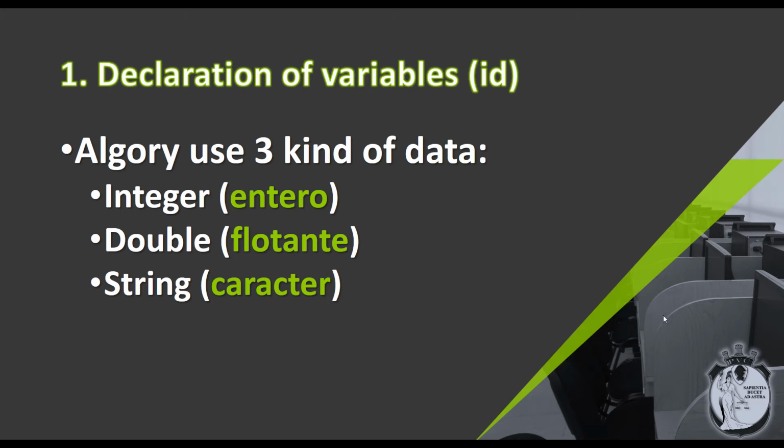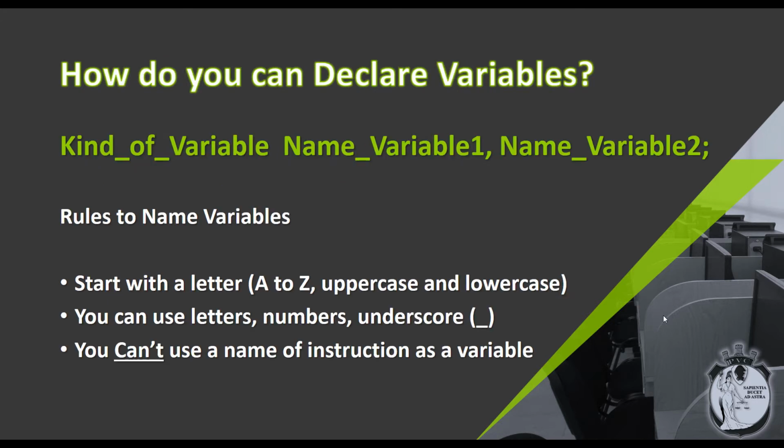Okay, the declaration of variables, the ID. Algory uses kinds of data: the integer, entero, double, flotante, string, character. All the instructions in Algory are in Spanish. How can you declare variables?